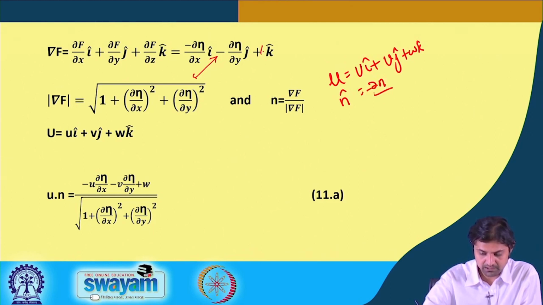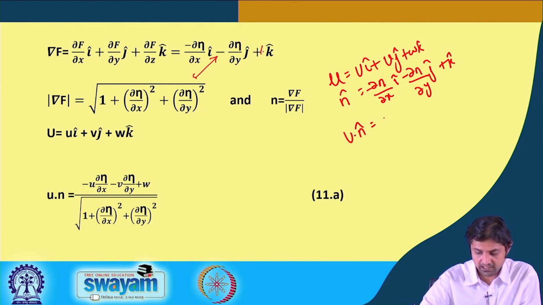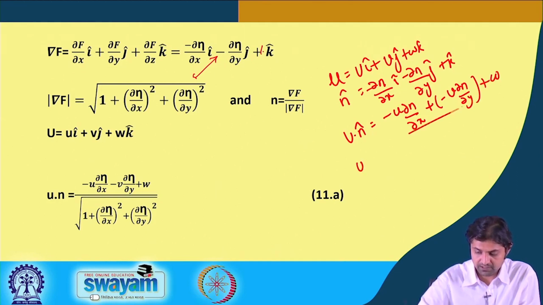So n cap is minus del eta del x i cap minus del eta del y j cap plus k cap. If you do u dot n, i and i will become minus u del eta del x plus minus of v del eta del y plus w, divided by, of course, the denominator, 1 plus del eta del x whole square plus del eta del y whole square.